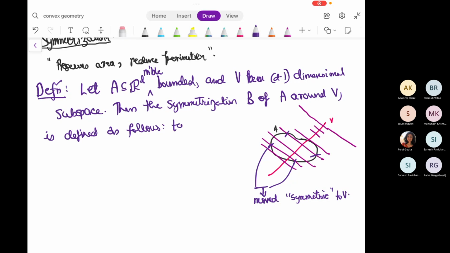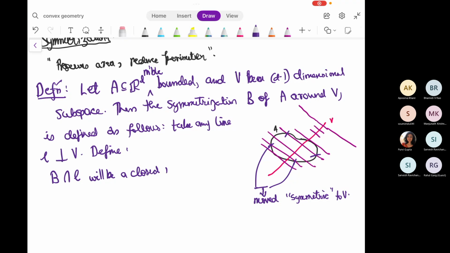You take any line L which is perpendicular to V, and you define B such that the intersection of B with this line L is a closed interval with midpoint in V, or empty. It could be empty as well.